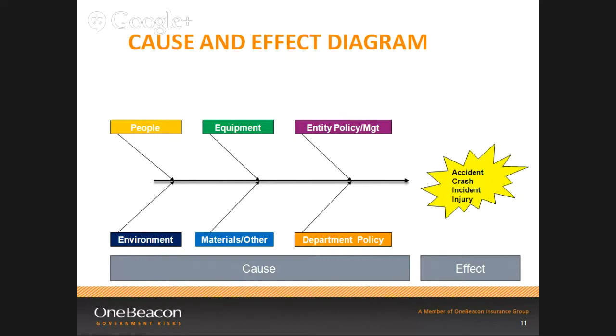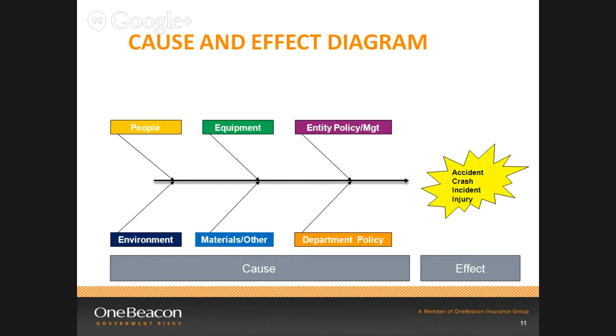Now, you can use this process whether it's automobile, workers' compensation, general liability. It's just a thought process to get us all going down that correct road. But keep in mind, we typically have at least 2 factors that show up in almost any accident.